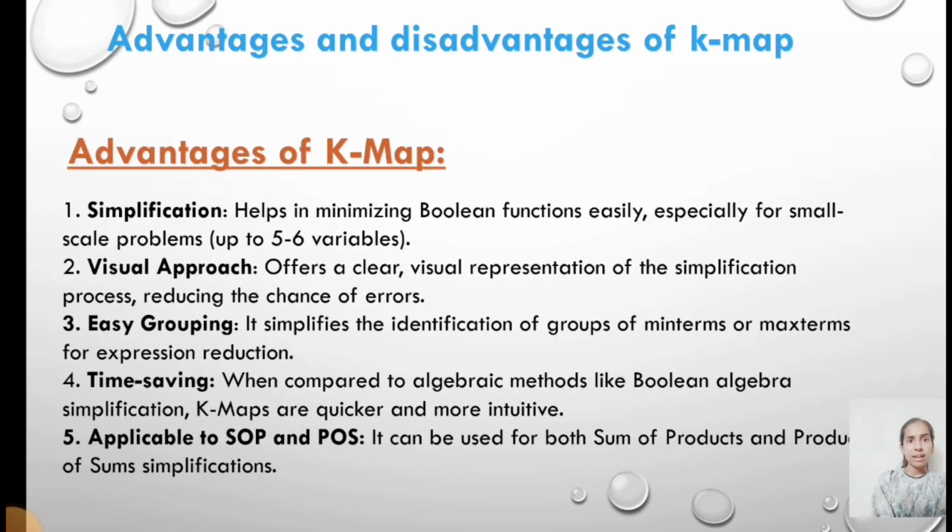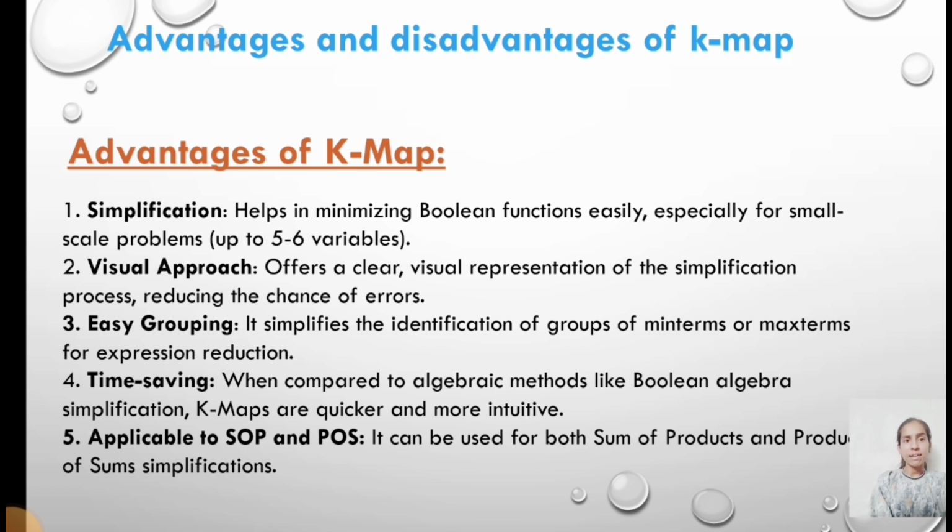Application. That helps in minimizing Boolean functions easily, especially for small scale problems up to 5 to 6 variables. Second, visual approach offers a clear visual representation of the simplification process, reducing the chance of errors. Third, easy grouping.